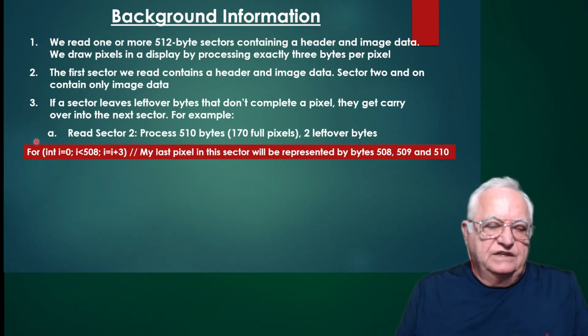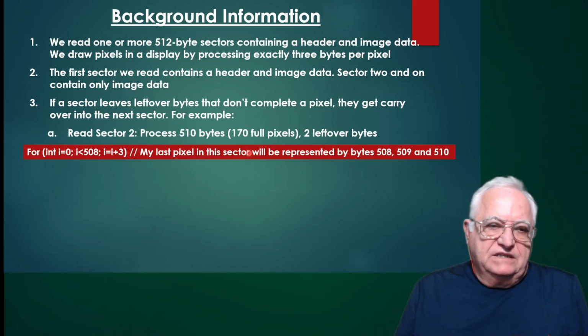Next, I wanted to show you this loop here. For the first sector, I start with i equal to 0. I'm going to increment the count every 3 bytes, because that's 1 pixel, and I have to go up to 508. Why do I say 508?